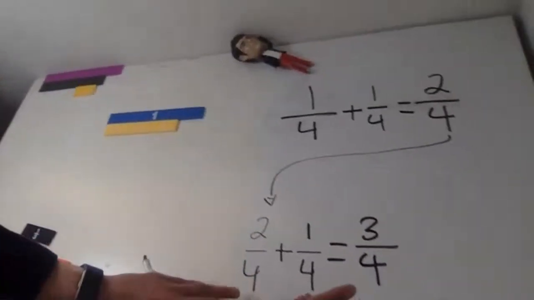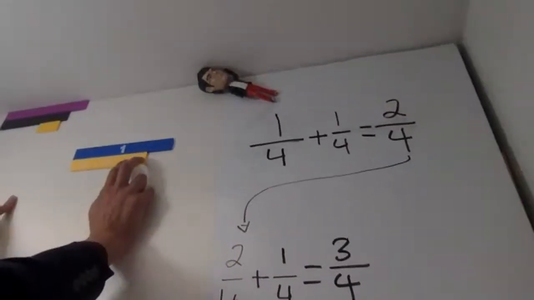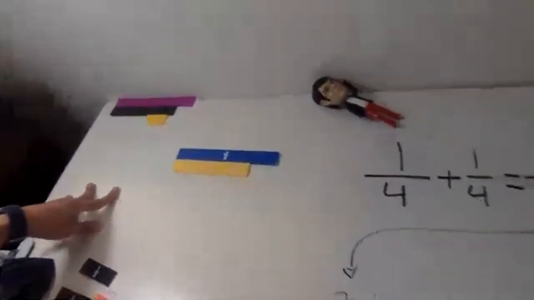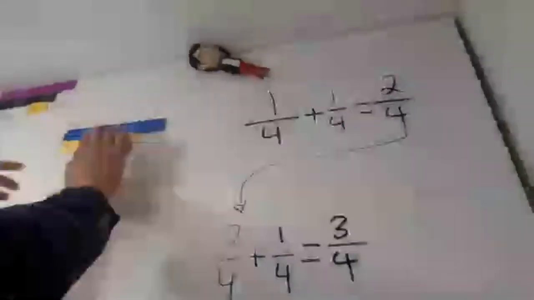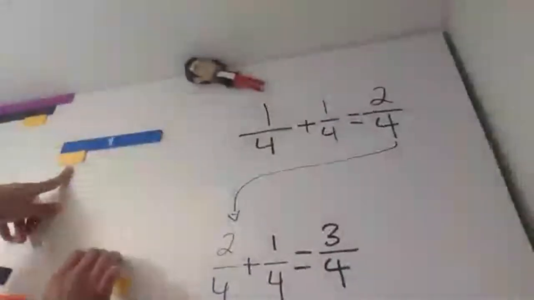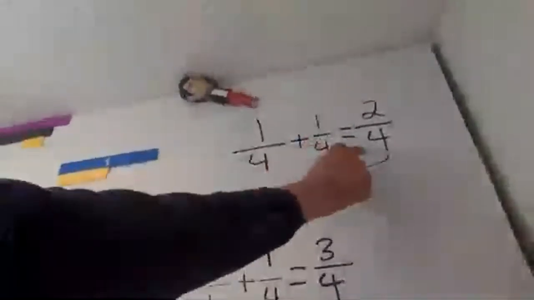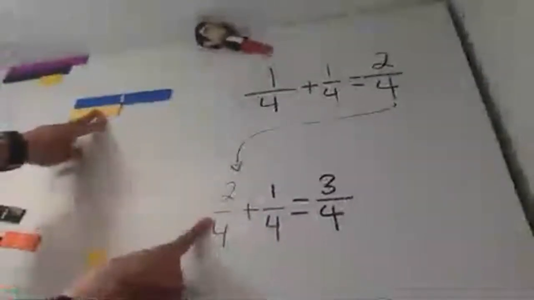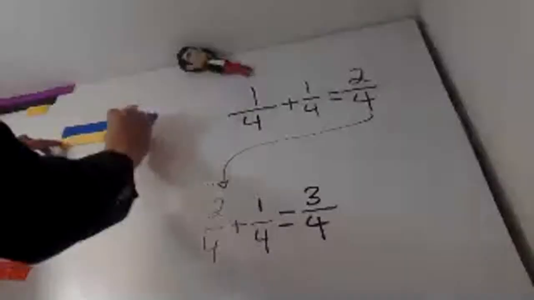Since they have the same denominator, the size of the pieces are the same. Those fraction pieces are the same, which means we can just add them. If I have 1/4 plus another 1/4, that equals 2/4, right? If I now have my 2/4 down here and I add another 1/4, that'll be equal to 3/4.